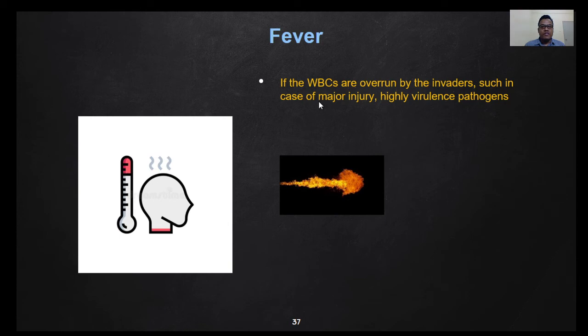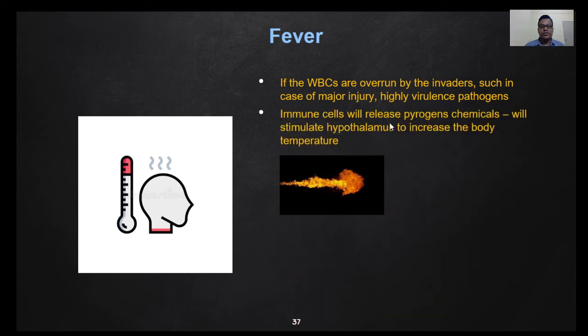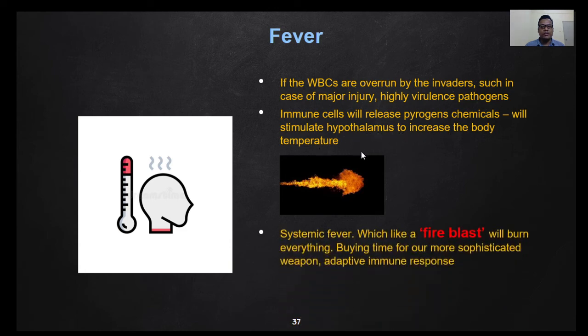Fever: if the WBCs or leukocytes are overrun by so many invaders, where the numbers are much higher compared to WBCs, such as in a case of major injury or when our leukocytes are facing highly strong or virulent pathogens, immune cells will release pyrogens, chemicals that will stimulate the hypothalamus to increase the body temperature.